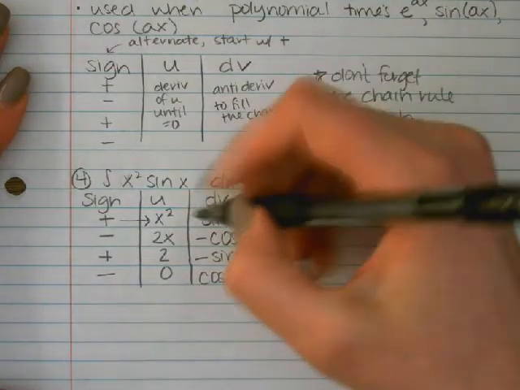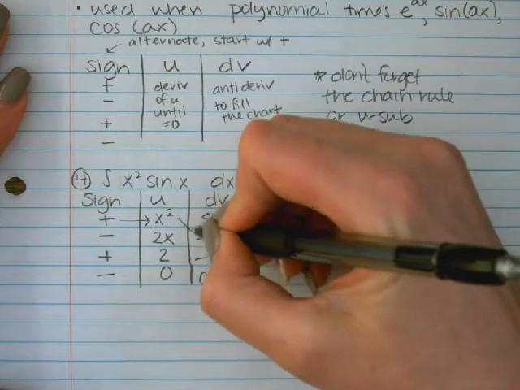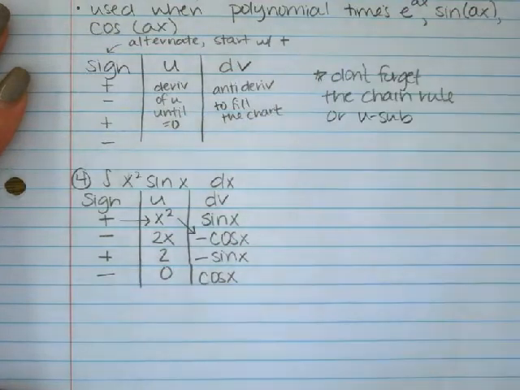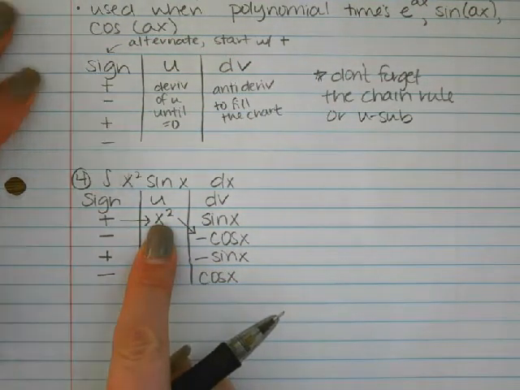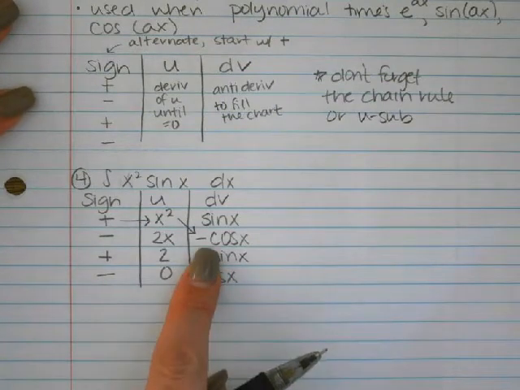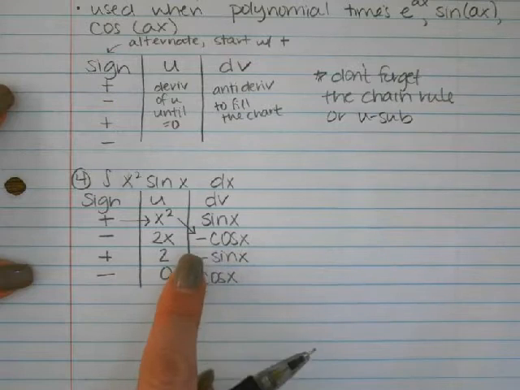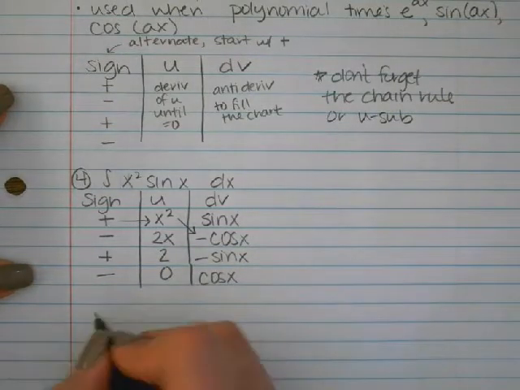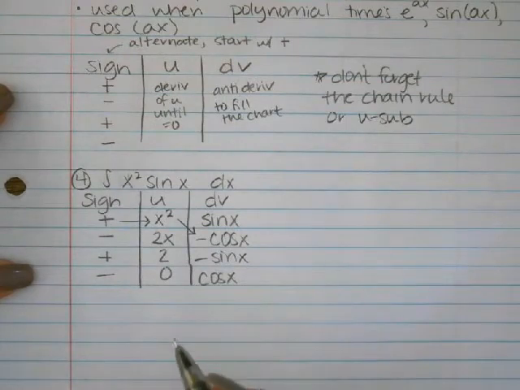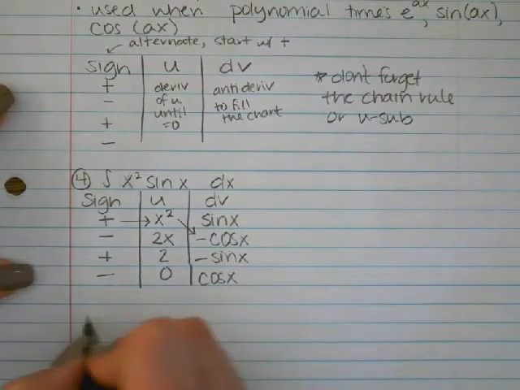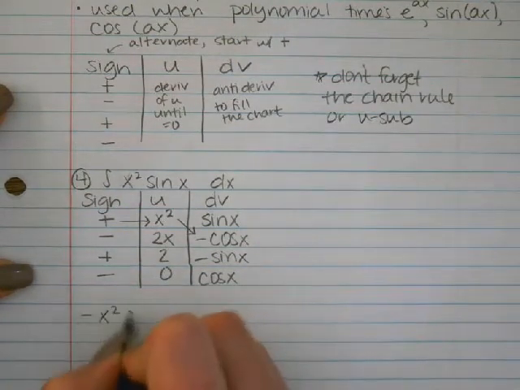So positive x squared. And then we go diagonally down like this. Okay? So positive x squared is being multiplied by negative cos x. So how should I write that down? Positive x squared times negative cos x. What does that give me? Negative x squared cos x.